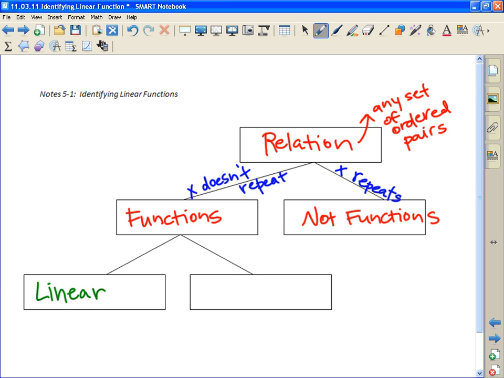If the function is linear, then it has a constant rate of change. And if the function is not linear, then it does not have a constant rate of change.